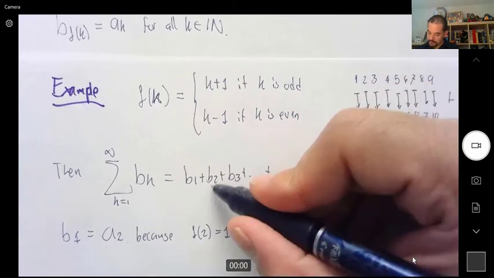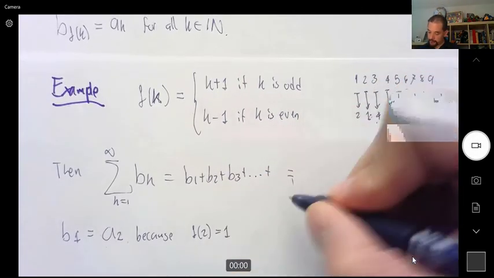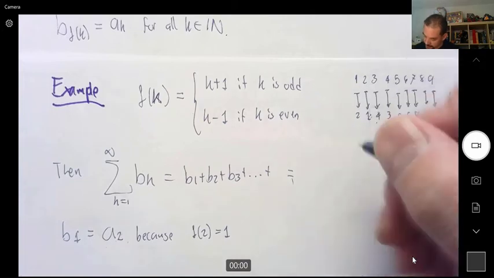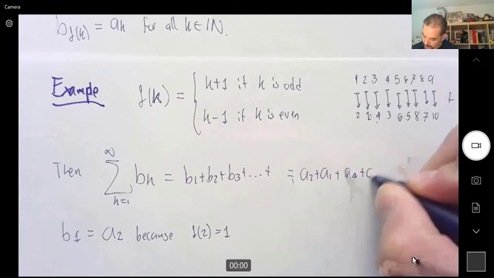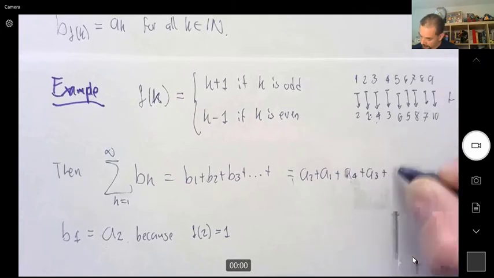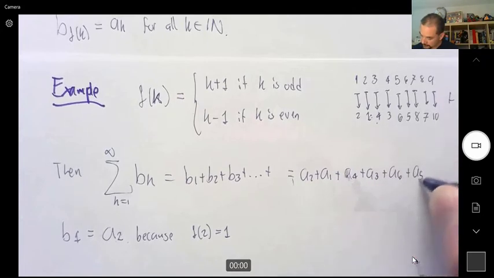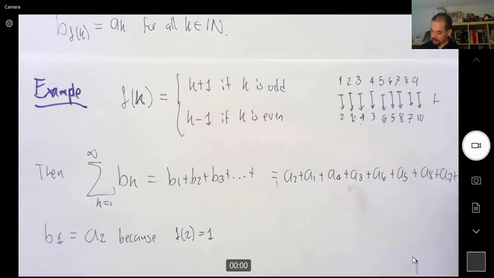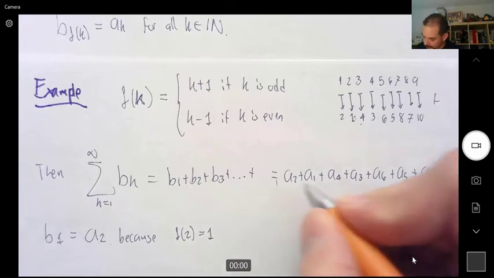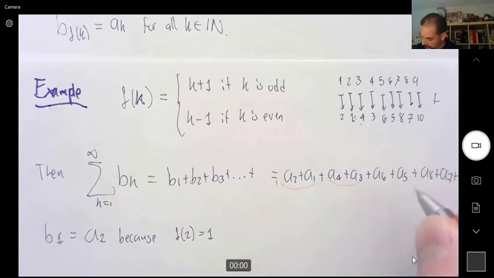So this is how the series looks, but when you rewrite it, it's a2 plus a1 plus a4 plus a3 plus a6 plus a5 plus a8 plus a7, and so on. That's the series. And you can tell what we did. The only thing I did is switch the order of these guys.